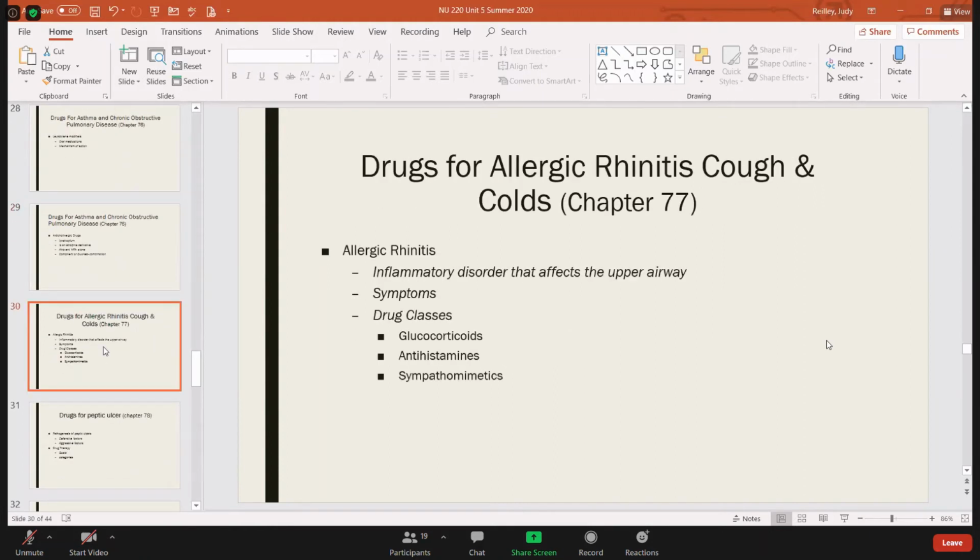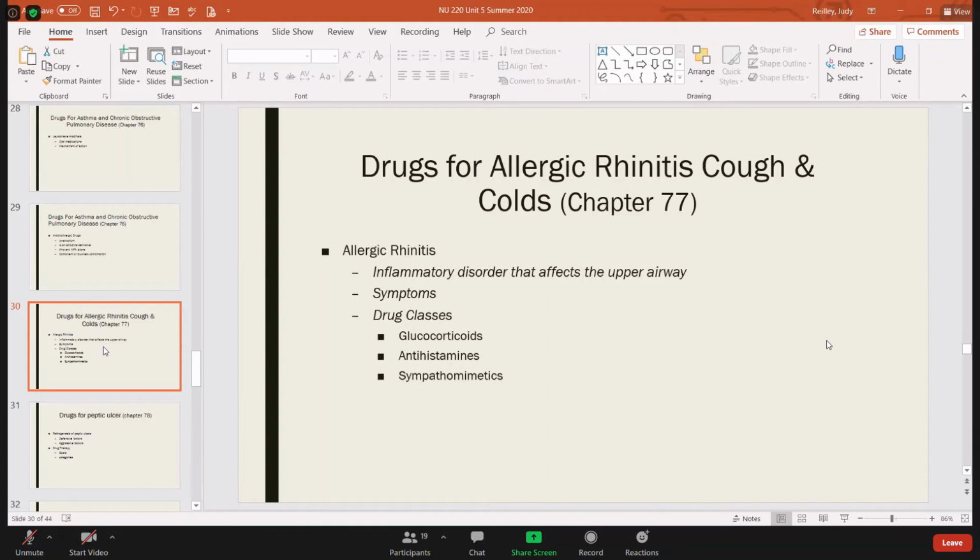When we look at colds themselves and allergies, basically looking at someone who has allergies, they have sneezing, nasal congestion, itching, rhinorrhea, so running of the nose, so water, sinus drainage.